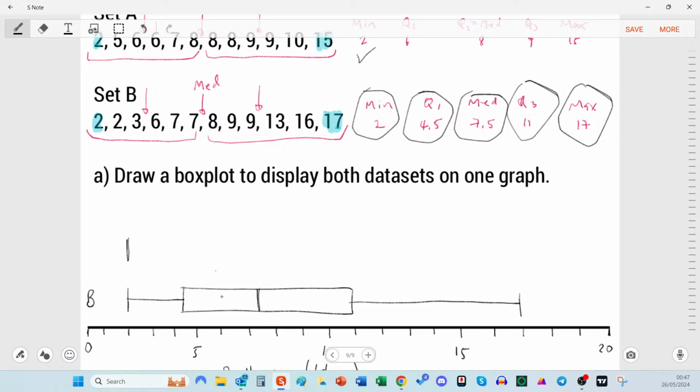Quartile 1 is 6. Quartile 2, the median, is 8. Quartile 3 is 9. And the maximum is 15.